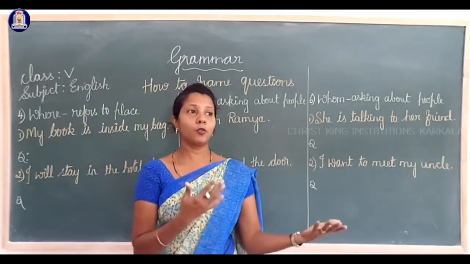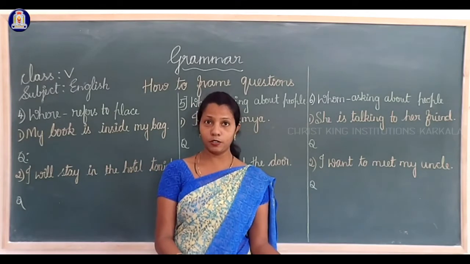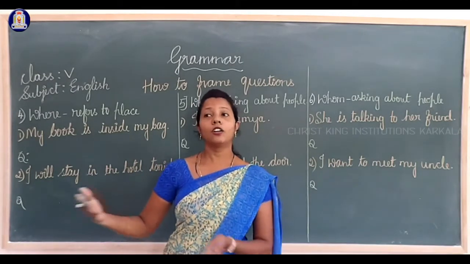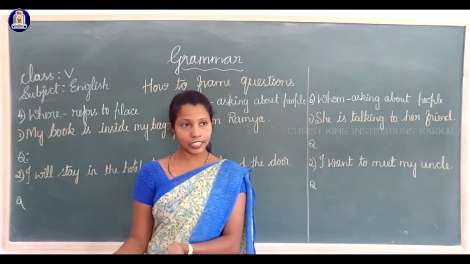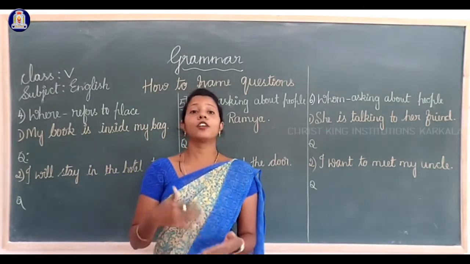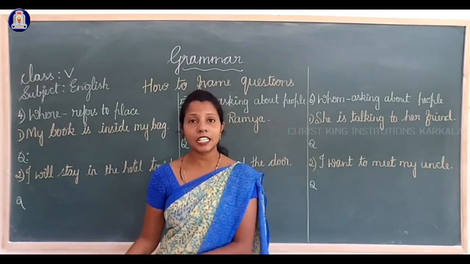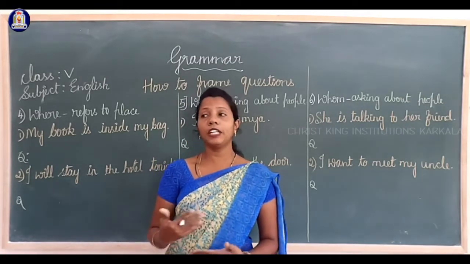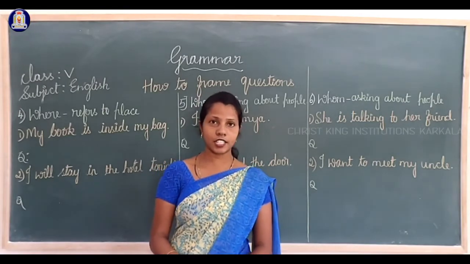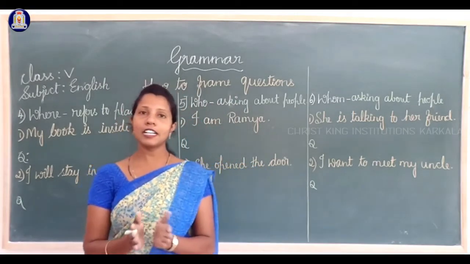Not only to ask who are you, even if there are two or three things, or if there is a particular thing someone possesses, and we want to know whom this thing belongs to, we need to ask questions in order to have clarification.